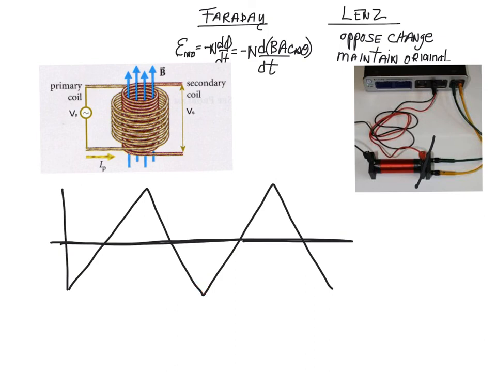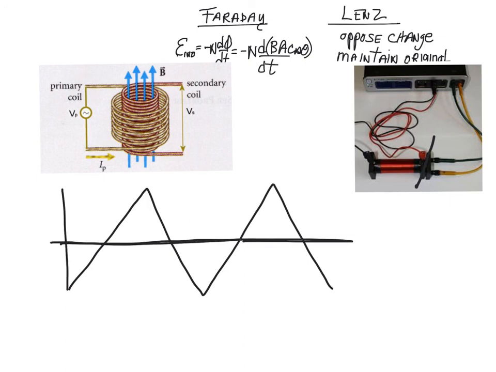But when you want to find the output, that's Faraday's law. You've got to take the derivative of this. So remember, the derivative is the slope. So this has a constant positive slope. And this has a constant negative slope. So the derivative between here and here is a constant value, which is the slope of this line.